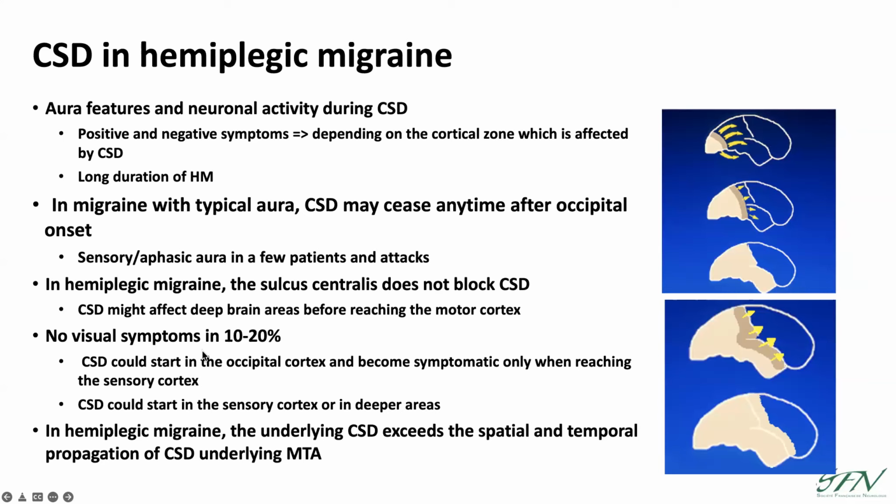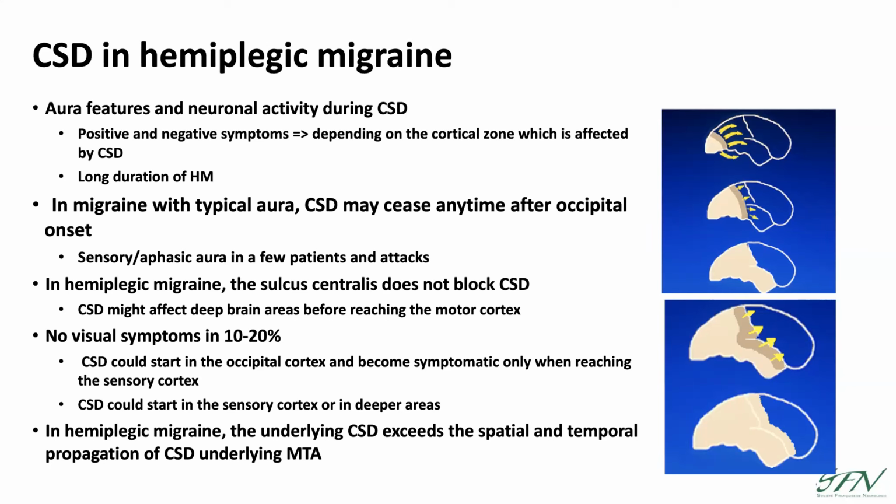In hemiplegic migraine, there are no visual symptoms in 10 to 20% of the patients, suggesting that cortical spreading depression could start in the occipital cortex and become symptomatic only when reaching the sensory cortex with sensory symptoms, or that it could start in the sensory cortex or in deeper areas.